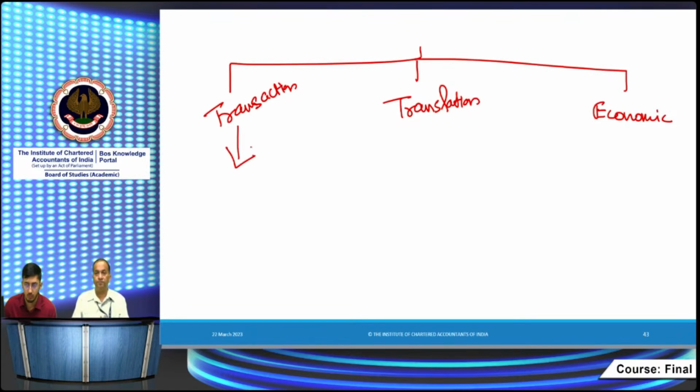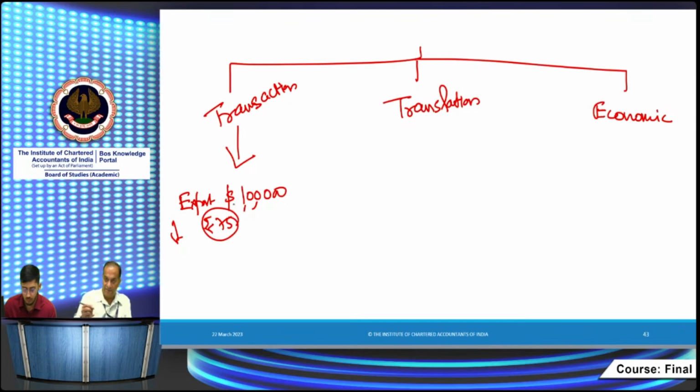See here, suppose I'm just giving you an example of an exporter. This can also be used for the importer. Now the exporter has billed its client, say $1 lakh. Today's rate is rupees 75, say, assume that.